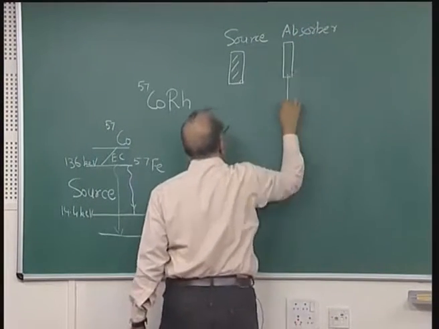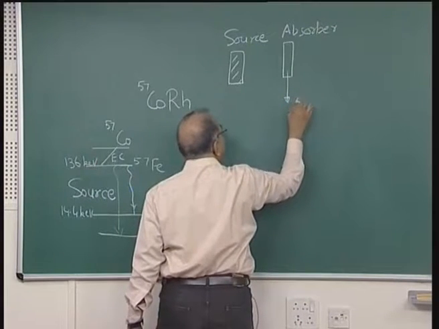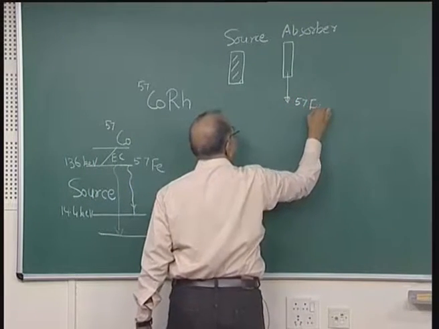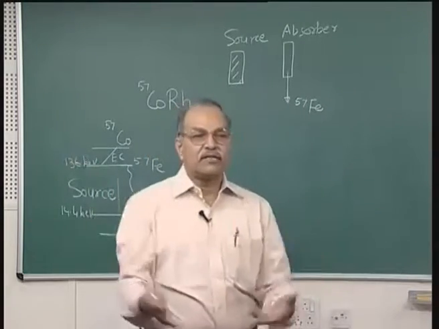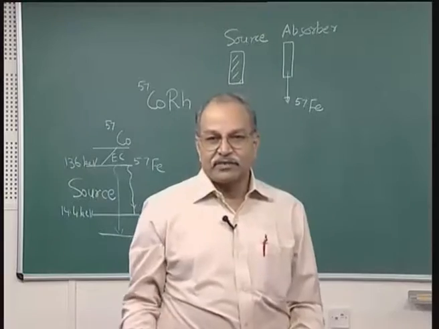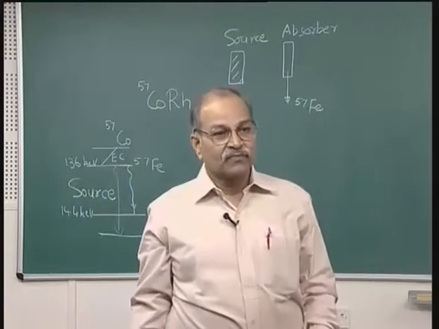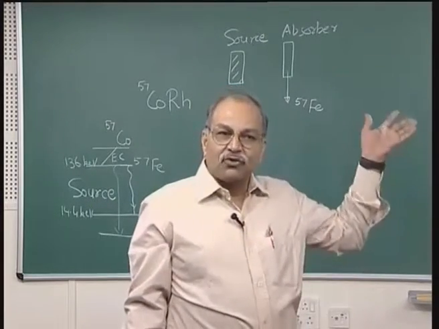And this solid must contain iron 57 in the ground state. Normally, if I take a solid, everything is in the ground state, unless it is a radioactive material. So, iron 57 is already there.